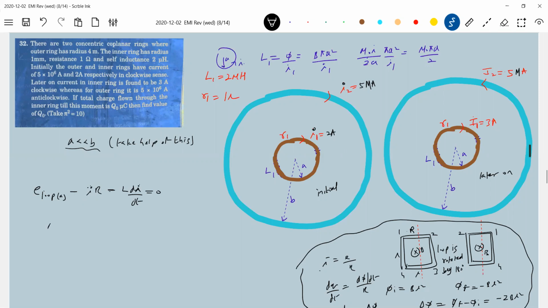What is the EMF induced in the inner loop? Change in flux. So I into R plus L di by dt. Let me write it in this form: delta phi is equal to I dt into R. So dt gets cancelled, so di.